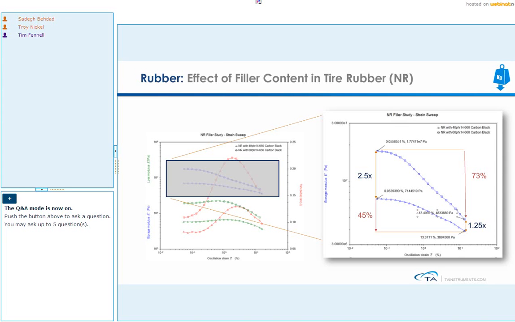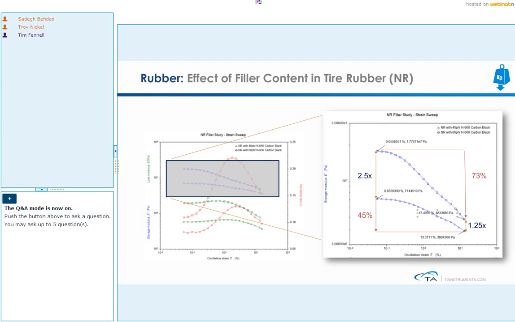And probably that's an indication that the filler distribution inside the highly filled sample wasn't really good, so that filler network isn't really strong. As you apply higher strain, the network breaks down, and you don't get as much improvement as you would expect from this sample.